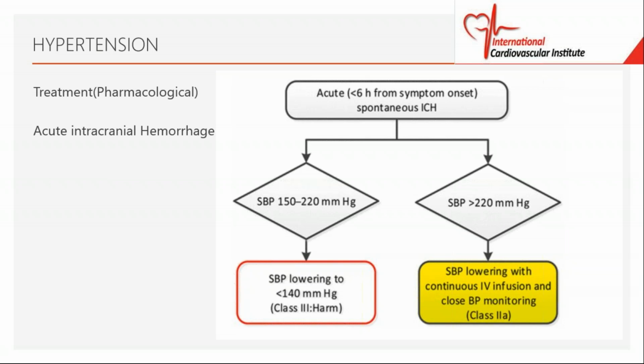You have to titrate the pressure gradually downwards. If you give oral medication, you come back 2 hours later, the blood pressure may be 150 over 80, and then the brain is not getting sufficient perfusion. So be careful of that. In the acute setting, you don't want to do that. You definitely don't want to lower the systolic blood pressure below 140. So remember that, intracerebral intracranial hemorrhage.